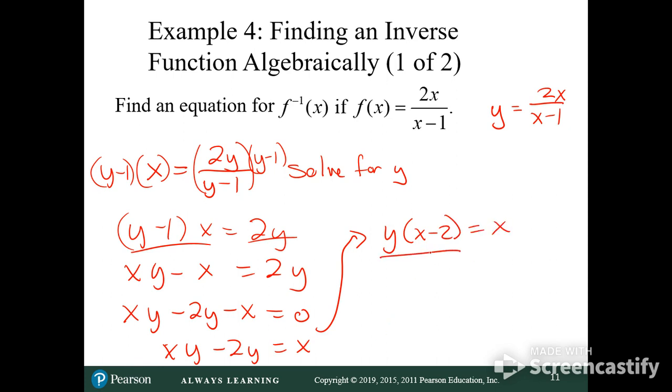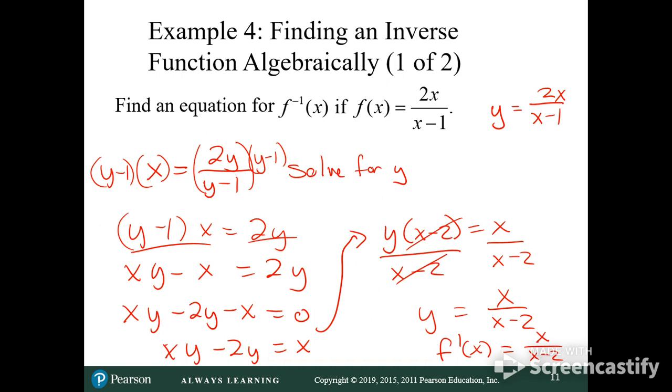And then divide by x minus 2. So y equals x over x minus 2. So the inverse of my function equals x over x minus 2. Now, there is restrictions on the domain for this.